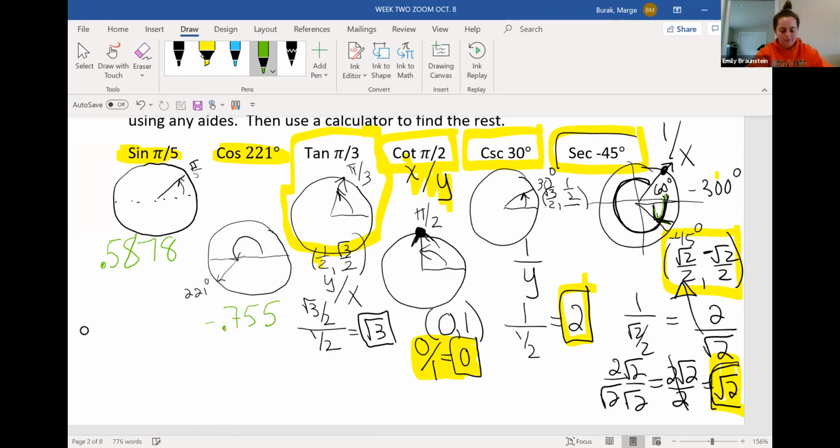I'm going to round it off to negative 0.755. Why is it negative? Here's my picture. Here's my angle. Why is the cosine negative? Because it's in a quadrant with a negative x. Yes, thank you, Xander. And which quadrants have a negative x? What's the other quadrant? 3 and 2. Yep.